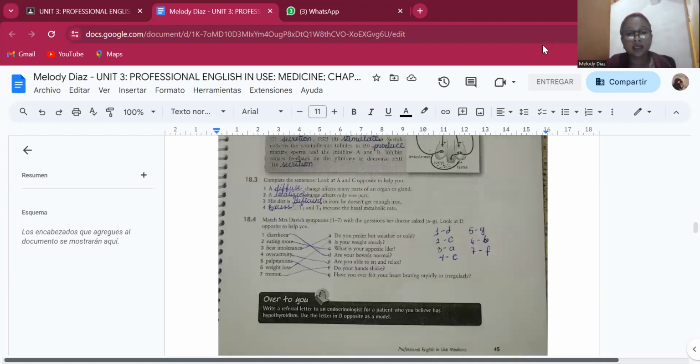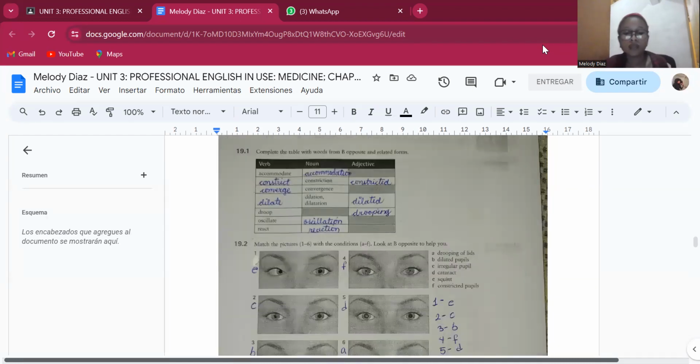Unit 19. Complete the table with verbs from B opposite to help, and related forms. Verb accommodate, noun accommodation. Verb constrict, noun constriction, adjective constricted. Verb converge, noun convergence.